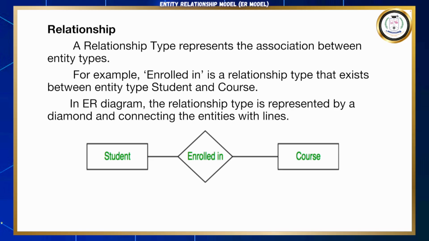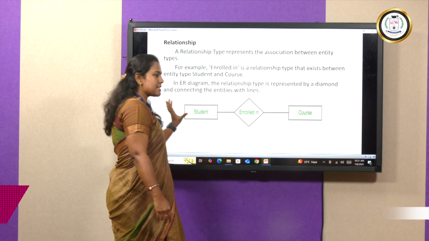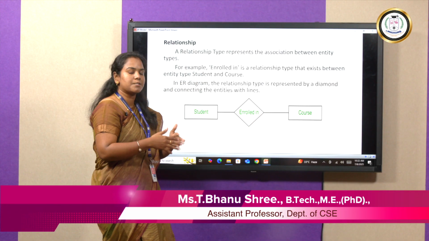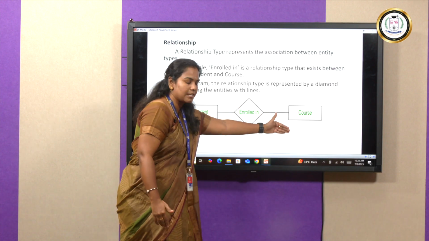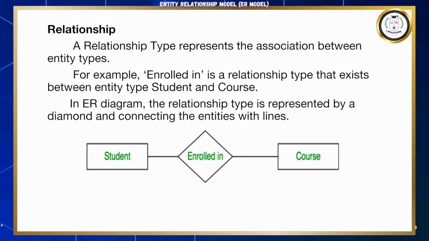Next one is relationship. A relationship represents the association between different entities. For example, if we take two entities, student and course. Student is a separate entity, course is a separate entity. If we need to make a relationship between a student entity and a course entity, we need a relationship that is enrolled in: a student enrolled in a course.